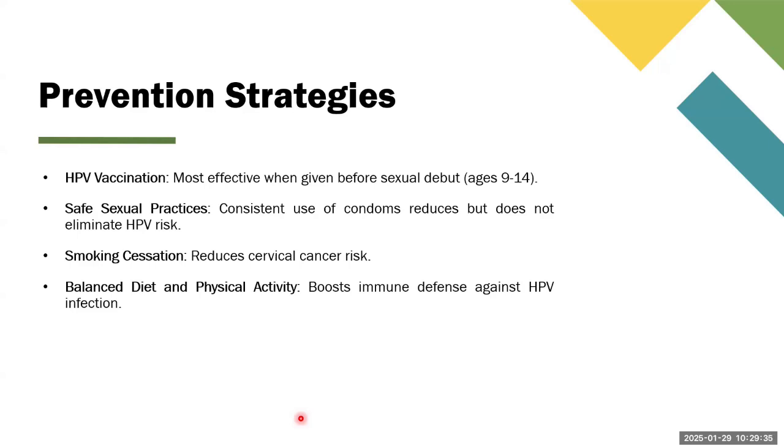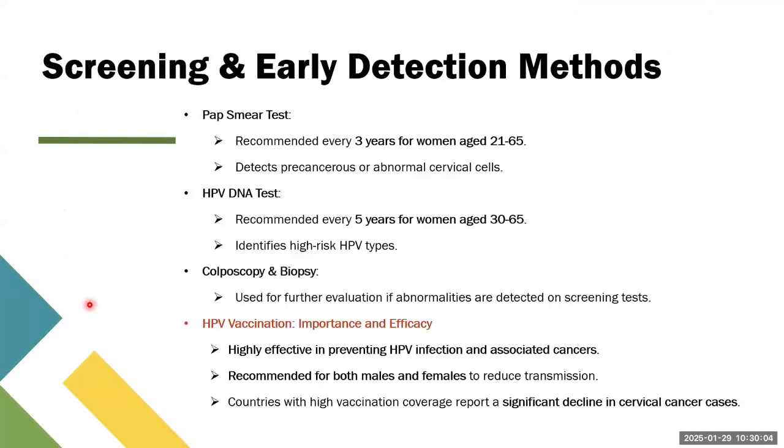As I mentioned, the age bracket of 9 to 14 years is the perfect age for HPV vaccination. Safe sexual practices with the use of barrier methods, but it still cannot 100% eliminate the HPV risk. Smoking cessation reduces cervical cancer risk, whether with or without HPV. A balanced diet and physical activity definitely boost immune defenses against any type of cancers or infections.